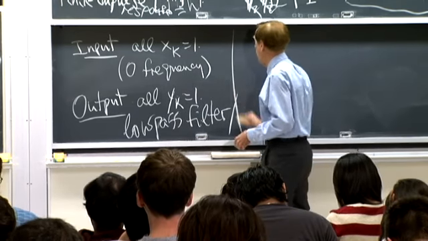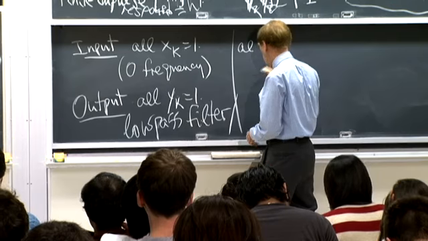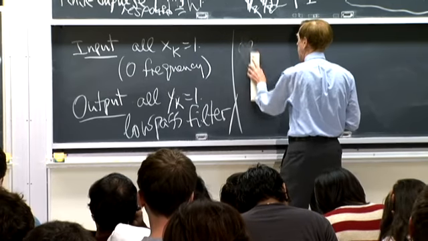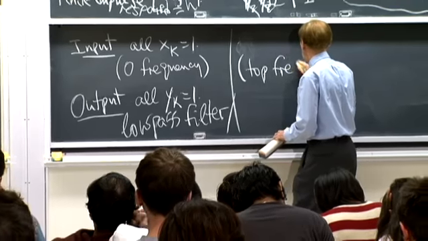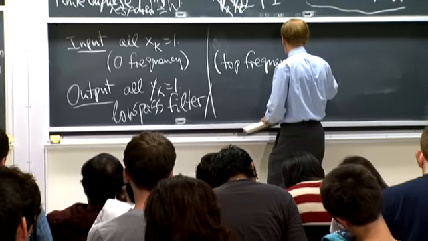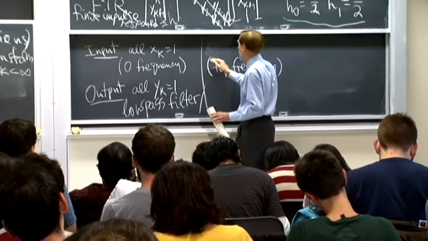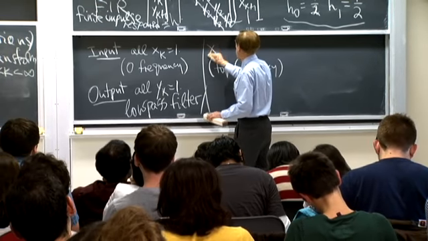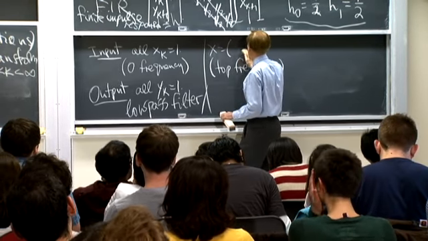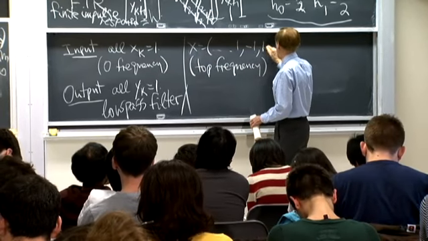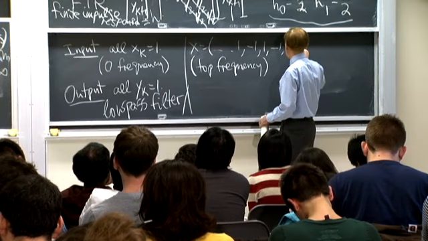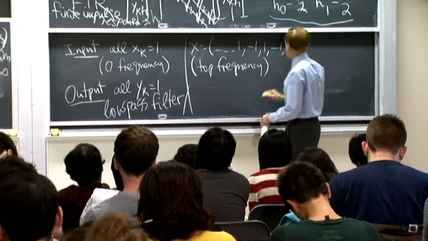Now, what about another input, now I want high frequency, top frequency. What's the highest oscillation I can get? It would be x equal, say, 1, minus 1, 1, minus 1, and so on, in both directions.